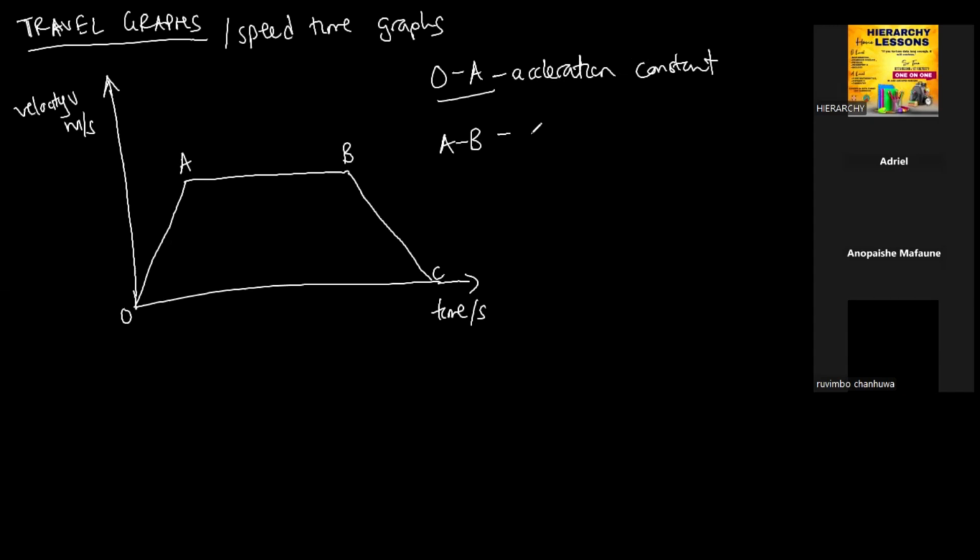So if we have constant velocity, that means the acceleration will be zero. The car is not increasing speed or decreasing speed, it's just moving at a constant velocity, right?